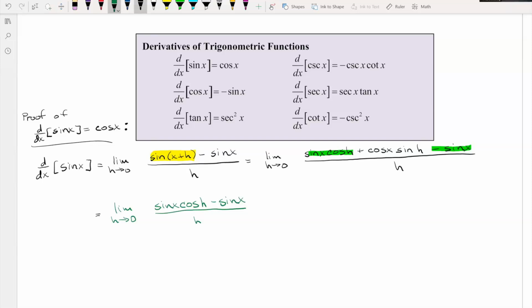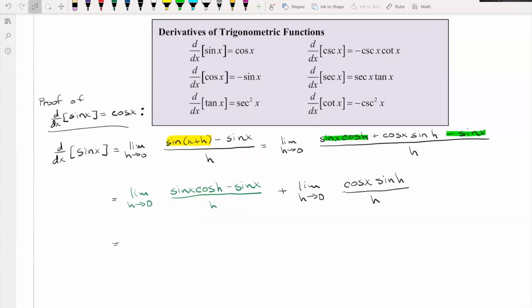And then to that, I'm going to add the limit as h approaches 0 of cosine x sine h over h. Okay, so what I did here is I split these up in a very specific way, and you'll see why I split them up this way in a moment. The first one in green, I can factor out a sine x in the numerator, and because that sine x doesn't have any h's involved, I can take it out of the limit.